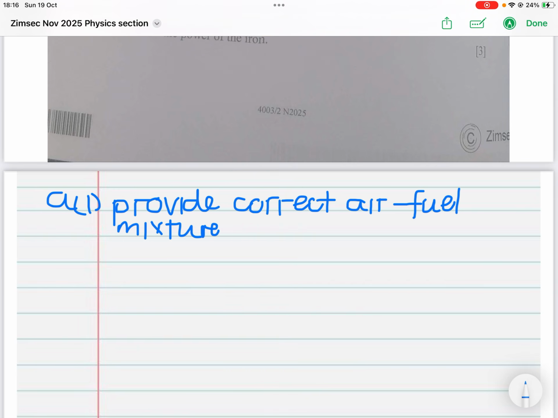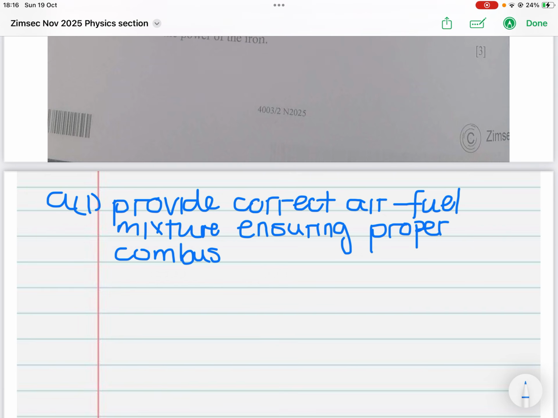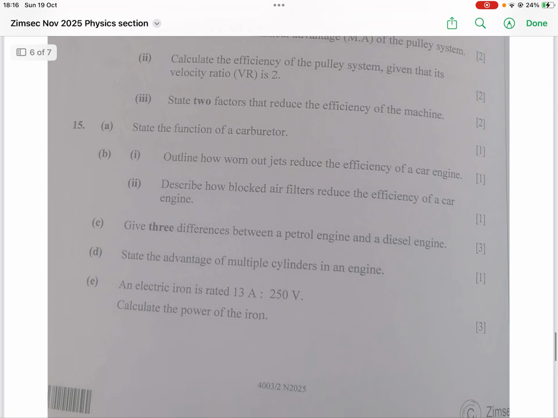This is going to ensure proper combustion. So this is the function of the carburetor.